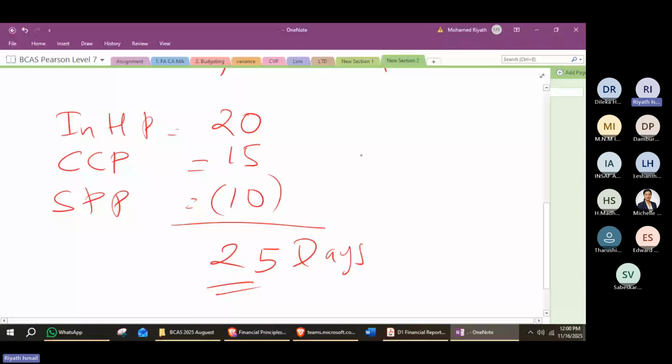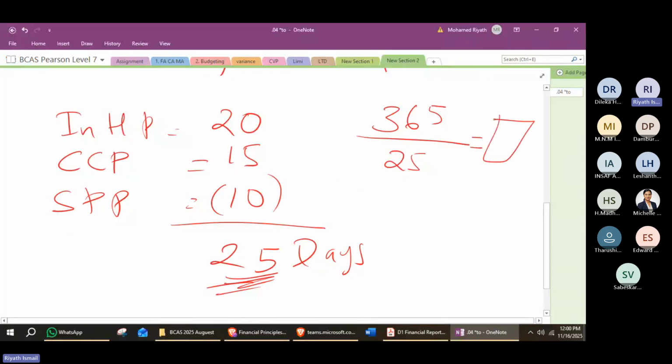Then how many times can we run the business? You see, in a year there are 365 days. Each cycle requires 25 days. Then how many times can we rotate?